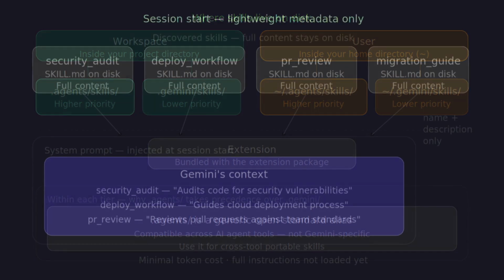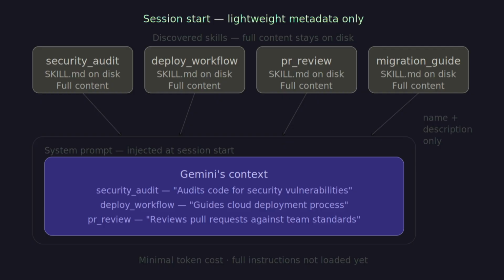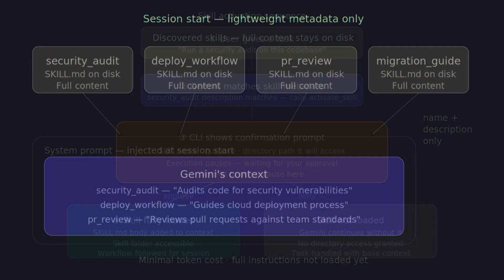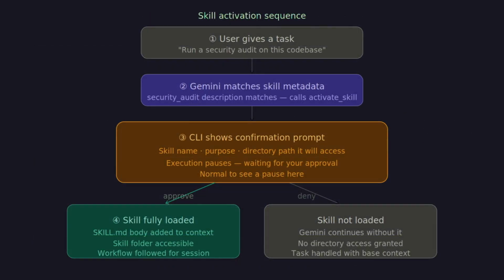When you start a session, Gemini loads only the name and description of each discovered skill. This is lightweight metadata injected into the system prompt that tells it what each skill can do without loading the full instructions. As you work, if you give Gemini a task that matches a skill's description, it calls activate skill. But before loading anything, the CLI shows you a confirmation prompt with the skill's name, purpose, and the directory path it will gain access to.